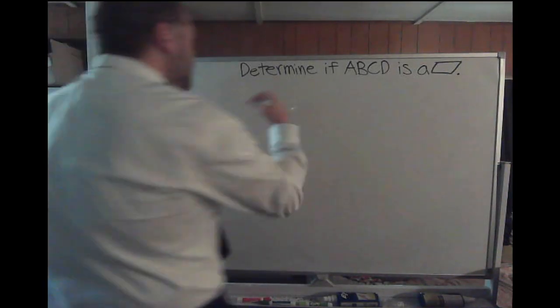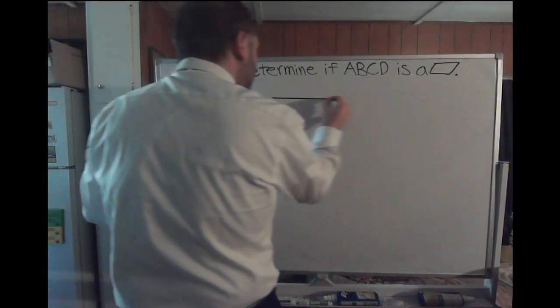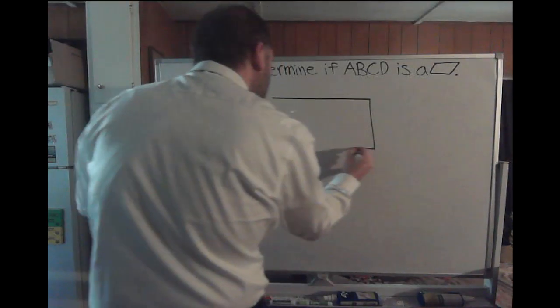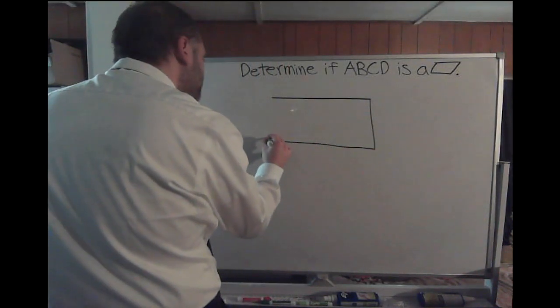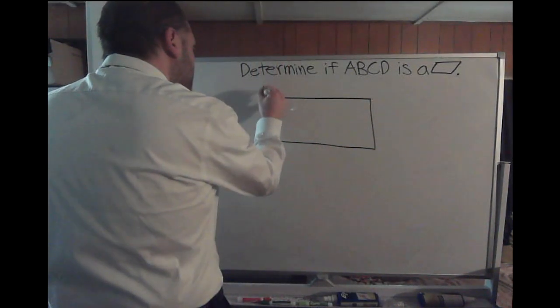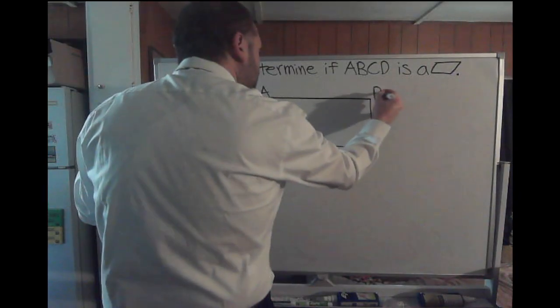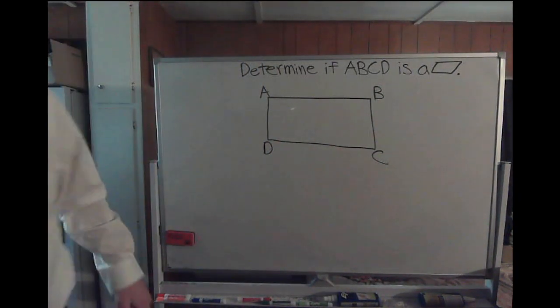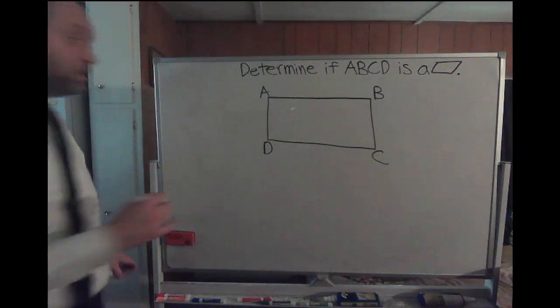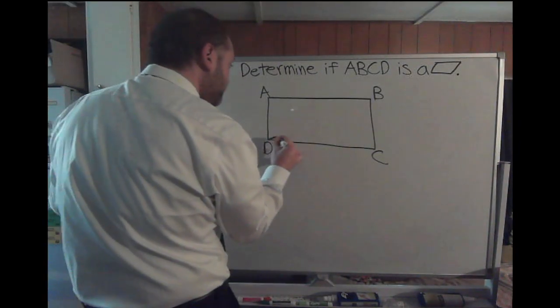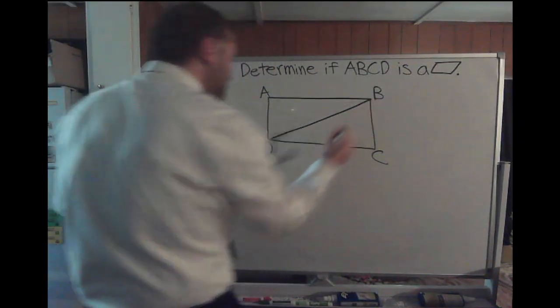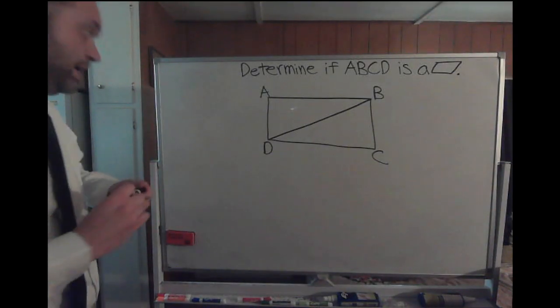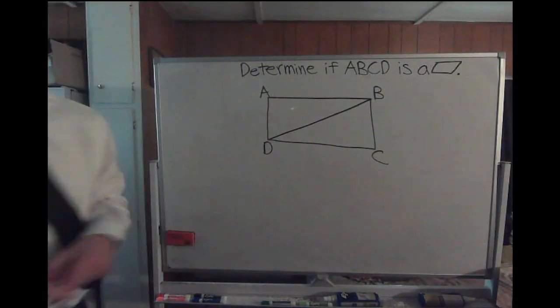Let's go on to the next quadrilateral here. A, B, C, D. We have a diagonal going from B to D. What else?